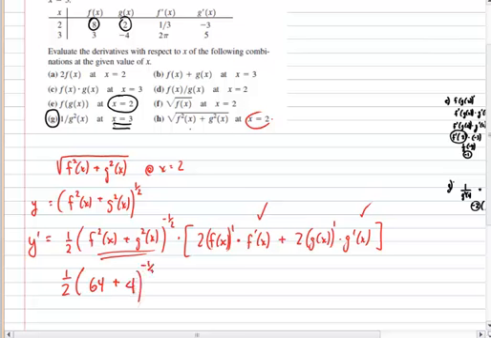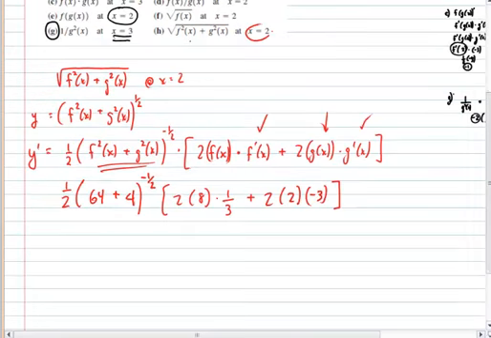That's raised to negative 1/2 power. 2 times f at 2, so f at 2 is 8, times f prime at 2, which is 1/3, plus 2 times g of 2, g of 2 is 2, times g prime at 2 is negative 3.